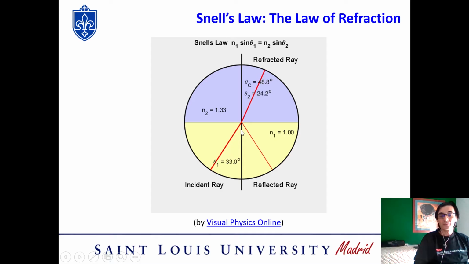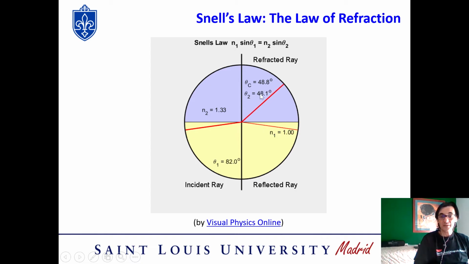There is a law relating the angles of the incident ray and the refracted ray, and this law is Snell's law. Snell's law states that the product of the index of the first medium times the sine of this angle with the normal equals the product of the index of the second medium times the sine of this angle.